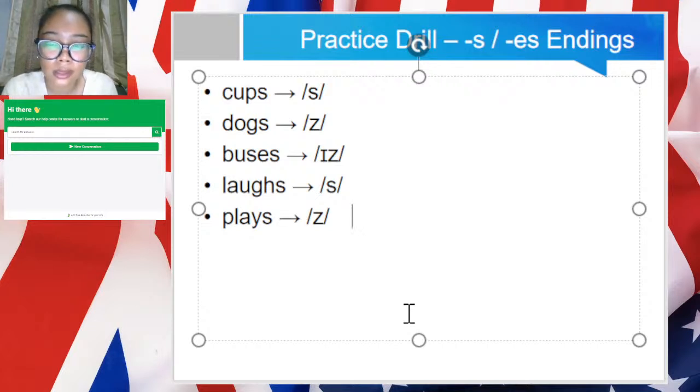Cups uses S sound. Dogs uses Z sound. Buses uses is sound, which adds another syllable. Laughs uses S sound. And then plays uses Z sound. All right, very good job, everyone.